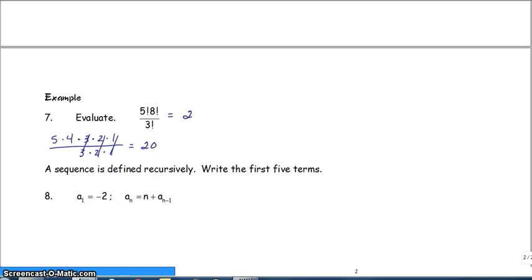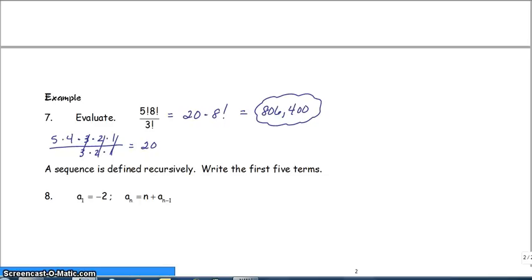So this is really 20 times 8 factorial, and that will equal 806,400. Now there is a button on our calculators that will do that, and we can look at that in class tomorrow.